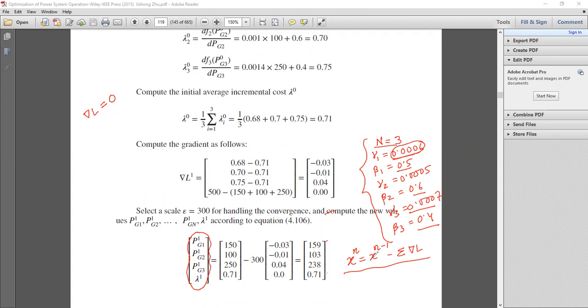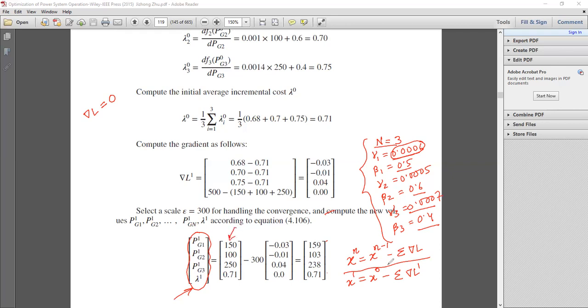So now you know what x of n minus 1 means. Here they are doing x1 equals x0 minus epsilon del L1. They are looking for the first iteration values for all the unknowns, PG11, PG21, PG31, lambda 1.